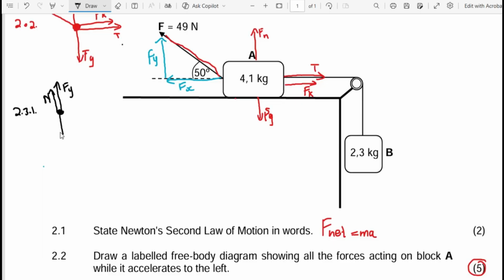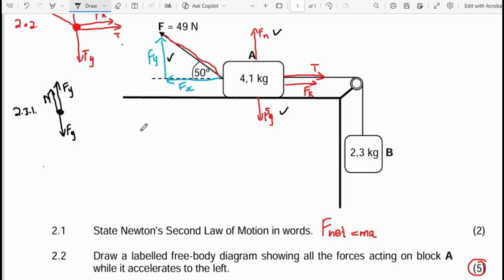Then there's another one going down. This is my Fg. These are all the vertical forces: 1, 2, 3. So now remember, we can add this, say the normal force plus the Fg plus, okay, let's not do this, because if I do this, this will be totally wrong.